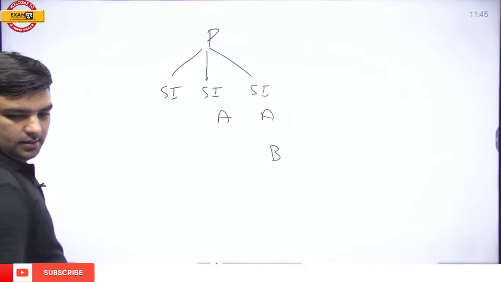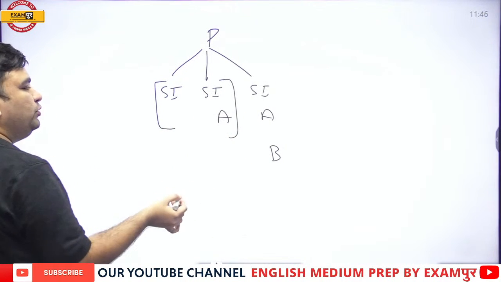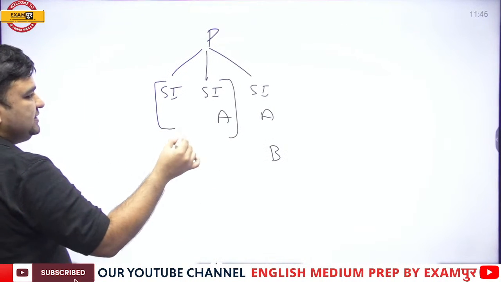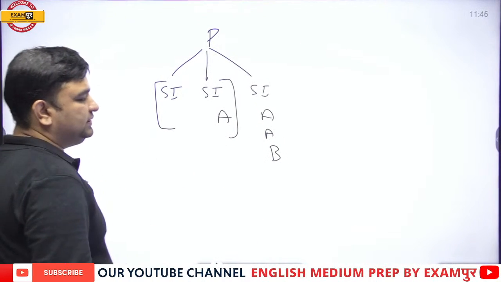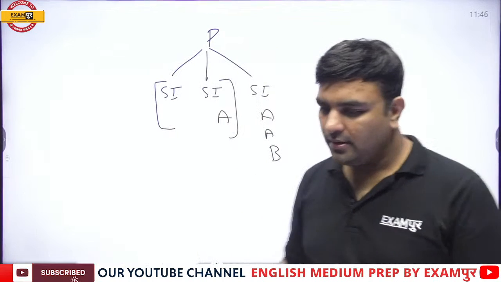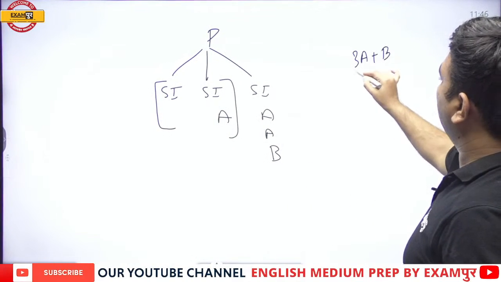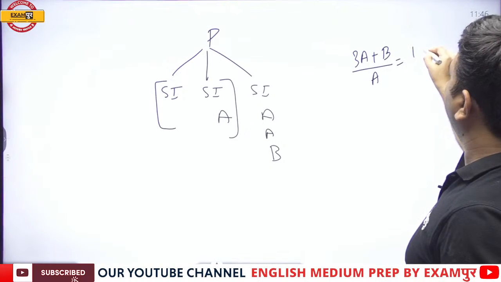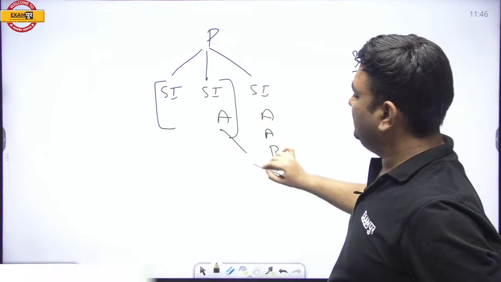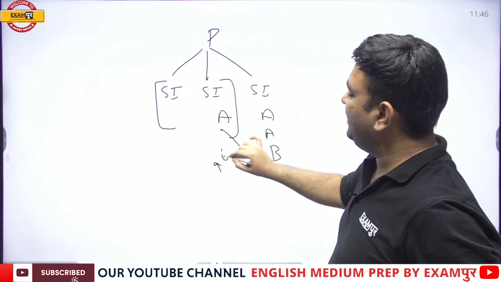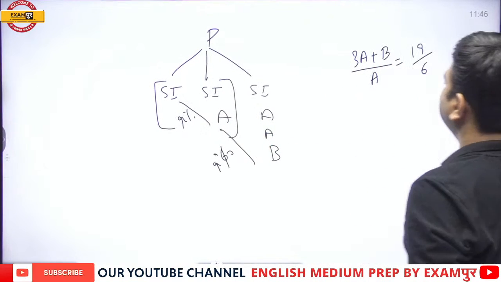The difference between CI and SI for 2 years is A, and the difference between CI and SI for 3 years is 3A plus B. So (3A plus B) over A is 19 by 6. And what are their internal properties? They are R percent of each.